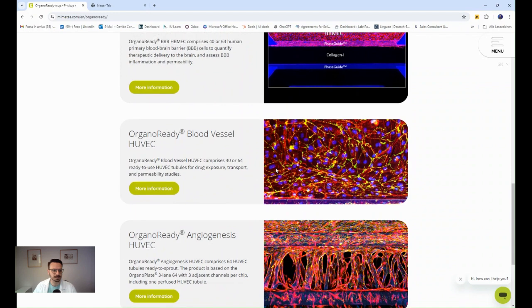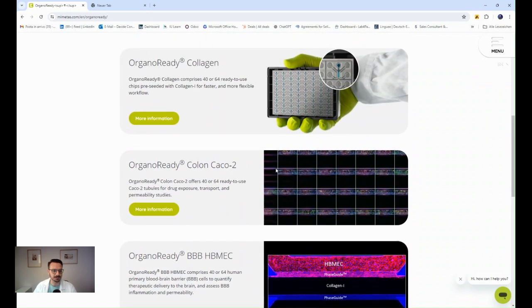They're really good in the vascularization part, where they use this central channel to seed one cell type, and these lateral channels to seed either gel and have another model on the side, or endothelial cells and then have vessels.